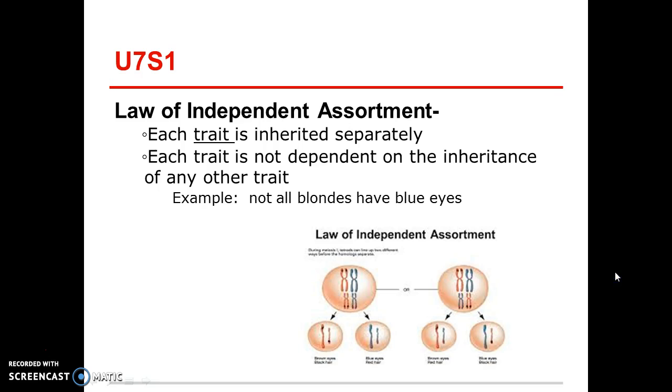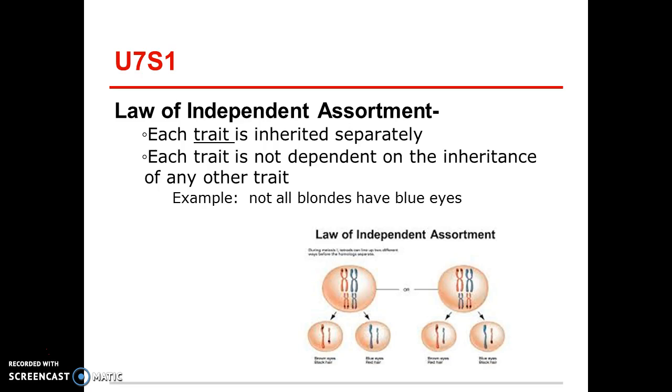The law of independent assortment is another law that you need to know about, and this is the fact that each trait is inherited very much separately. So when the gametes are made, these legs, the chromatids, separate at the centromere and split off and go into individual eggs or sperm. So that means each trait is inherited separately.